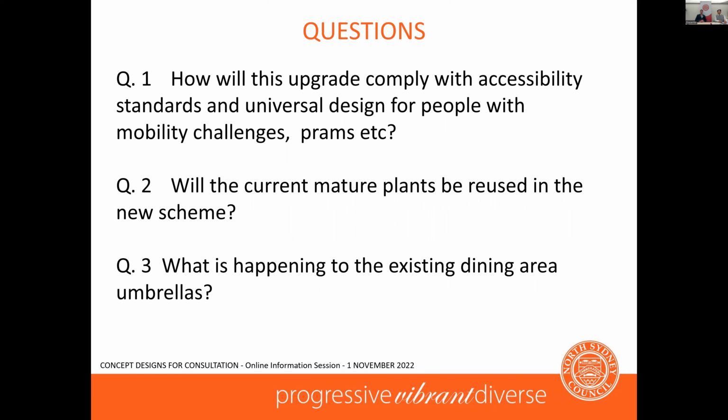The first question we have is, how will this upgrade comply with accessibility standards and universal design for people with mobility challenges, prams, etc.? I'm happy to answer this one, and Paul can back me up.